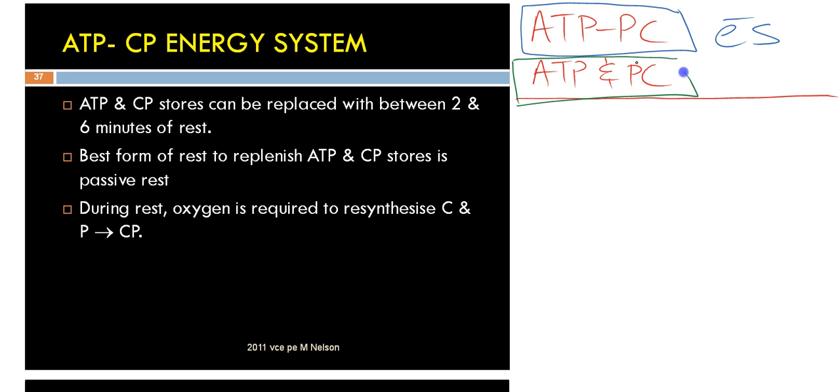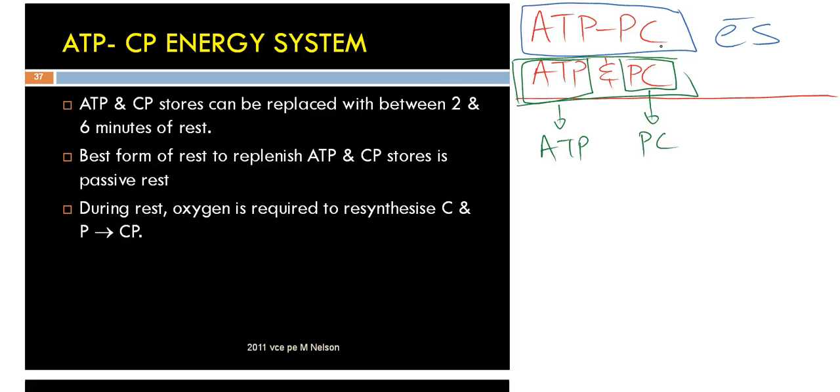These here are in fact two different substances. We have stores of ATP, and here we have stores of PC. So one's the name of an energy system, one is the name of two different substances. If you get these confused in the exam and you write down, for example, stores of ATP-PC, you'll be marked incorrect.